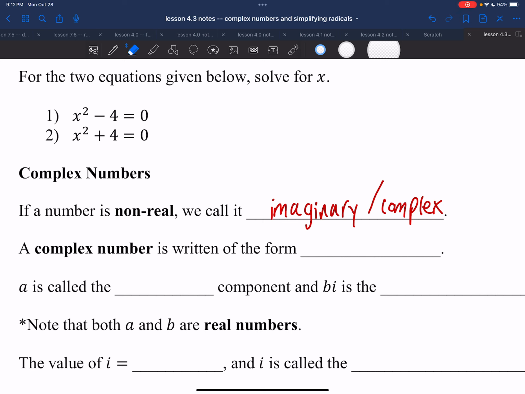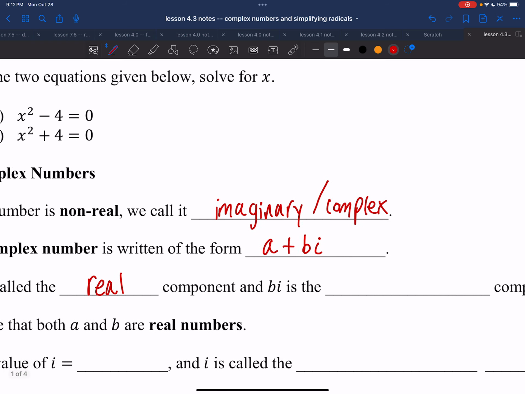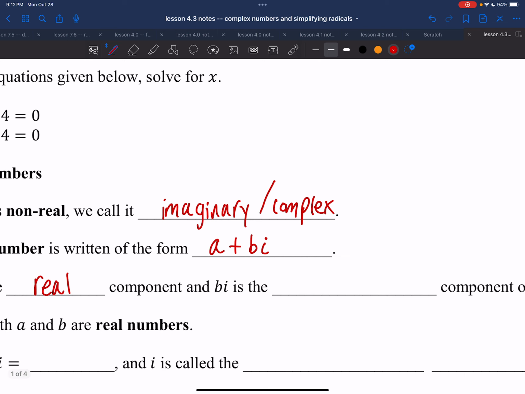Let me convince you. So first of all, we're going to make up this thing called a complex number, which is going to be written of this form. It says A plus BI. Okay? And we're going to talk about what this I means. But A is going to be a real number, so A will be called the real component. And this I basically stands for imaginary.